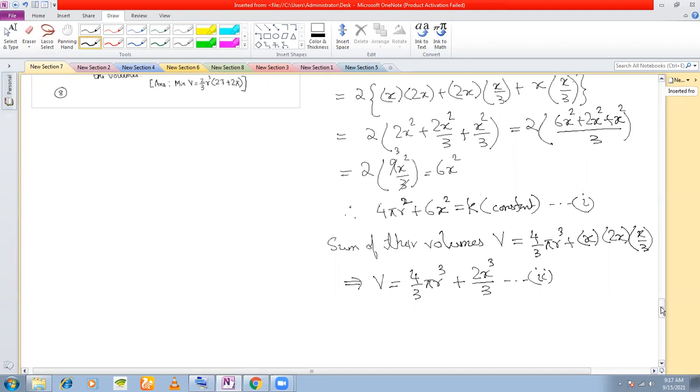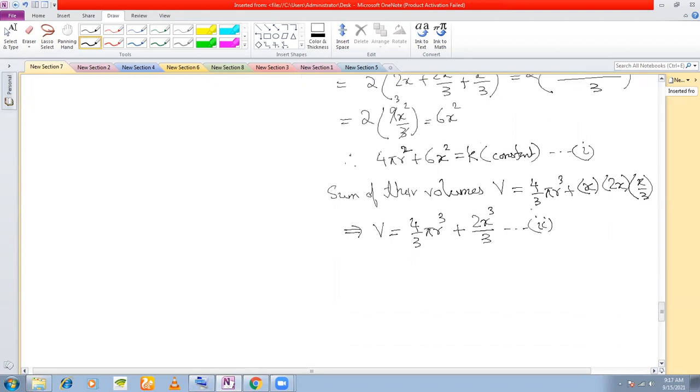what we do here is that instead of bringing it down to a single variable, whenever it is difficult to bring down the maximizing or the minimizing function to a single variable, we differentiate 1. So from 1, 4 pi r square plus 6x square is equal to k, right?